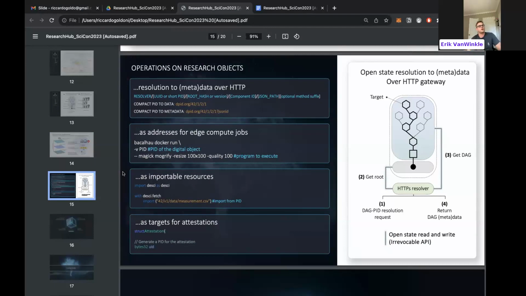So if you'll see on the second orange line in the first box, dpid.org/42/jsonld. That attribute tells the API to surface the metadata for this specific research object. We actually surface it in both JSON and JSON-LD for anyone who's curious.